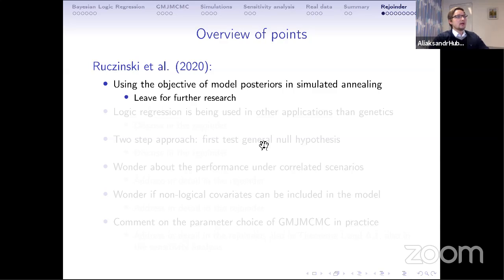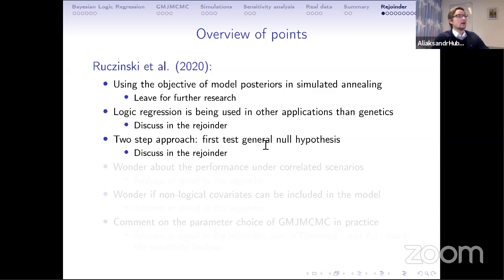Another point made by Ruchinsky was that logic regression currently is not being used only for genetics, but is being used in many other applications. The same point was actually made by Bogdan and her colleagues, and we discussed this a little bit in the rejoinder. They also suggest a very interesting approach of first testing the general null hypothesis of whether there are any relations at all between the responses and the predictors.